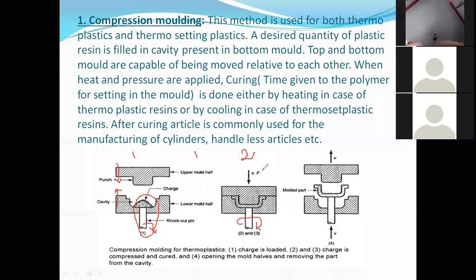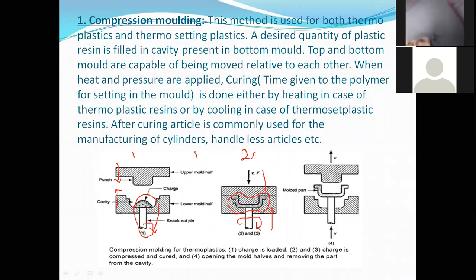The upper mold half is connected with the lower mold half. In between, we are placing raw plastic, and this raw plastic is squeezed. When you combine the upper mold half with the lower mold half based on the ejector pin, the plastic will be squeezed.